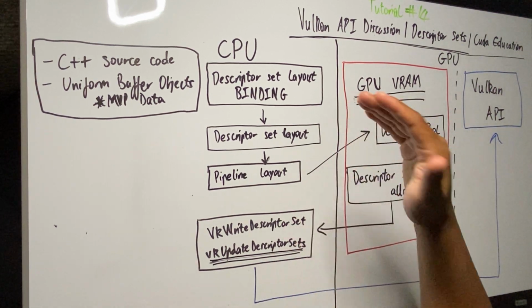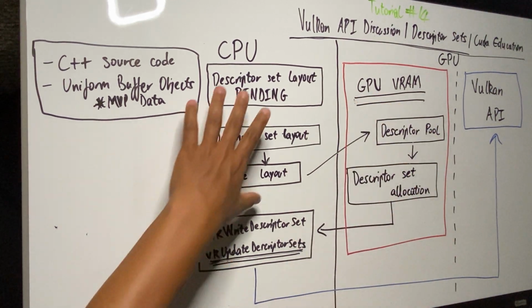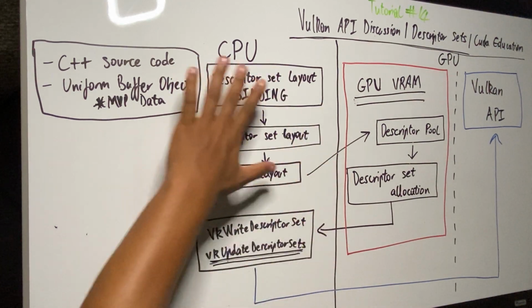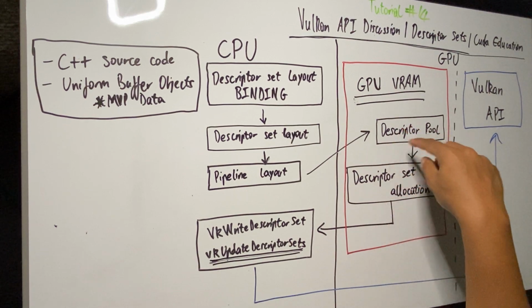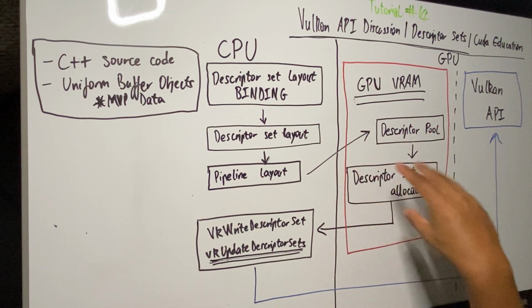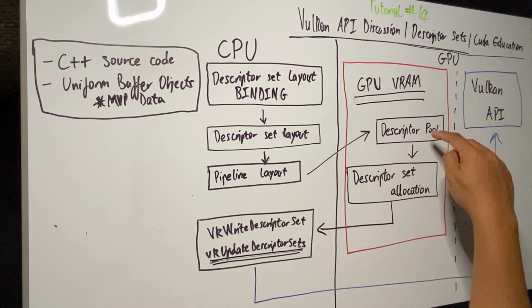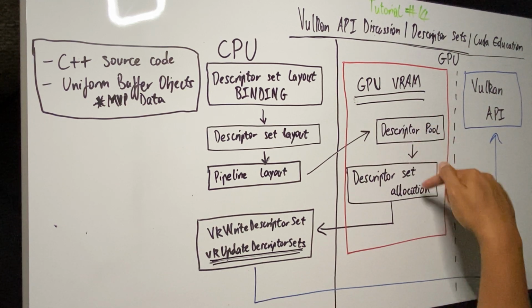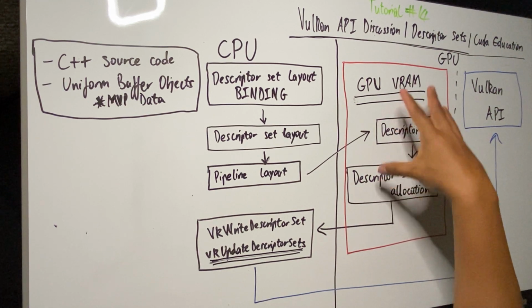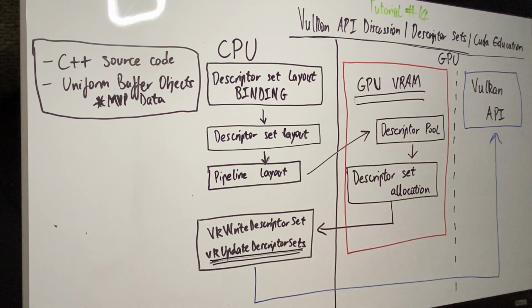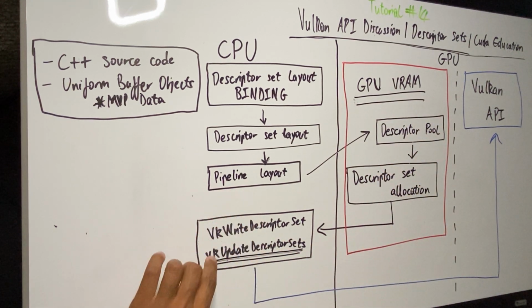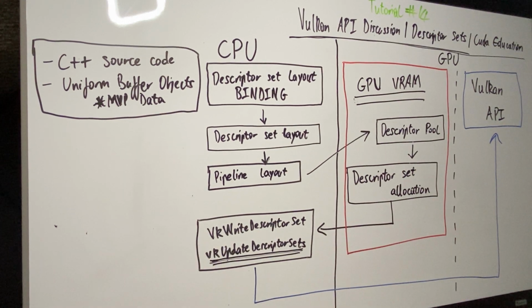So again, a lot of typing on the source code on the CPU side. This is still source code, and you actually still type this out on the CPU side. Don't get me wrong. It's just that when we're declaring this stuff, we're dealing with video RAM to a certain degree, right? And then the final piece of the puzzle is this VK descriptor set conversation.